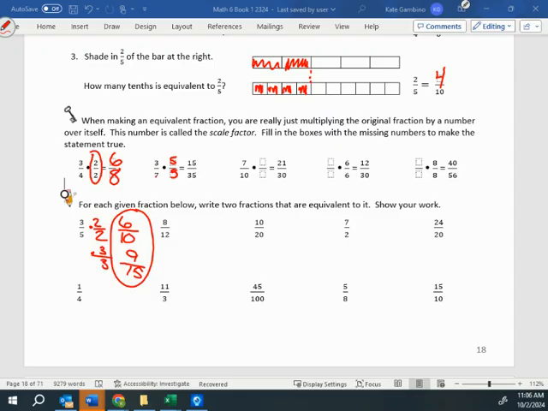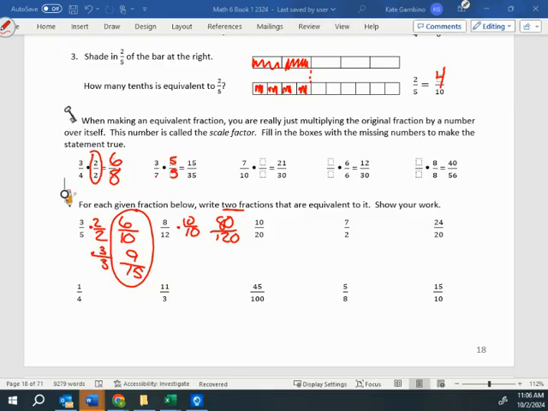Do I have to just do 2's and 3's? No. You could do 10. That's another easy one. If I multiply it by 10's, I would have 80 over 120. I have to do 2 for each equivalent fraction. For each fraction we're given, give me 2 equivalent fractions.